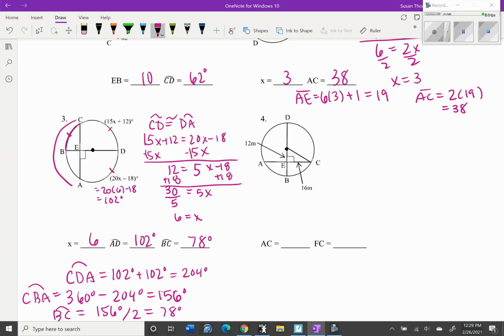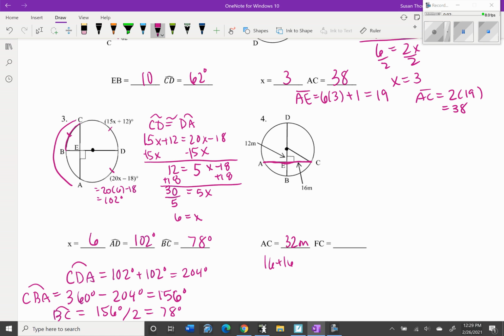Okay, so looking at the next one, why don't you see if you can do this on your own. When you're done, you can pause to check your work. So looking at this, we are solving for AC. If I want to solve for AC, that's the entire length of the chord. And we're given that CE is 16, so 16 plus 16 gives us the total of 32 for our entire measure of AC.